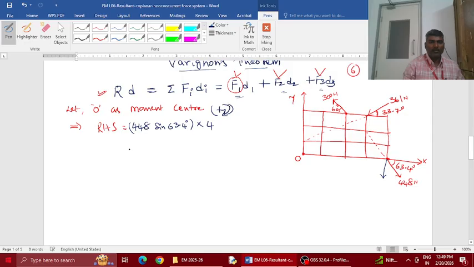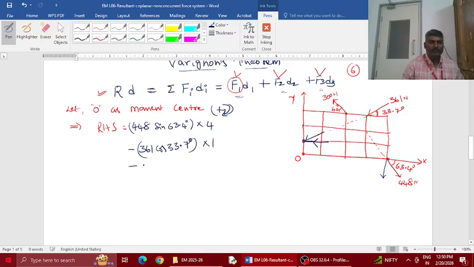Then minus 361 cos 33.7 is the component, into 1 meter. If you apply the principle of transmissibility here, its vertical component passes through O, only the horizontal component will have moment, and the distance is 1 meter. This is anti-clockwise.